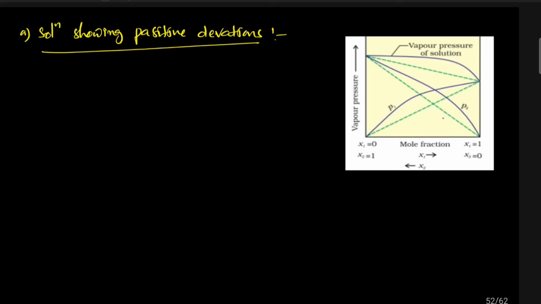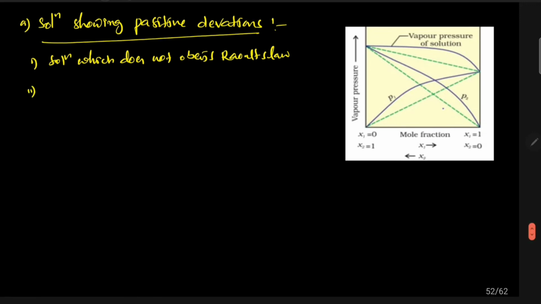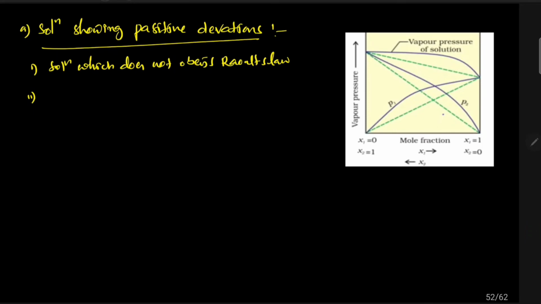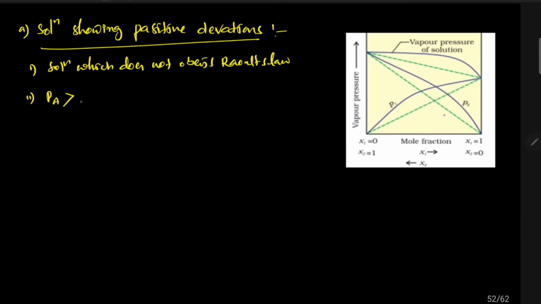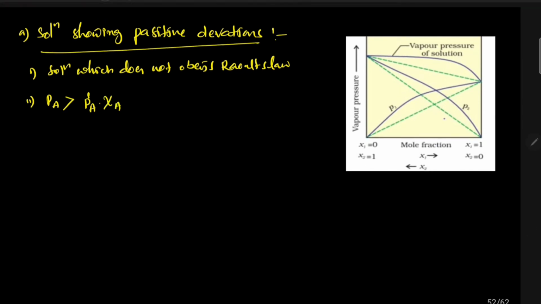Next, the second characteristic is that the partial pressure of the solution is greater than the pure solvent vapor pressure times chi. The partial pressure of B is greater than P naught B into chi B.